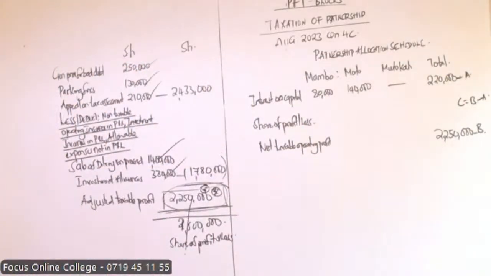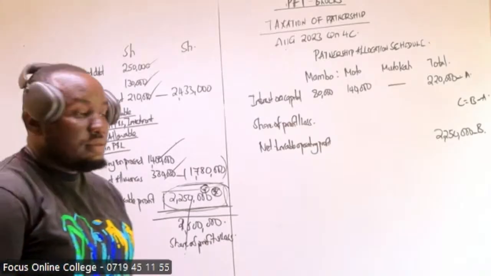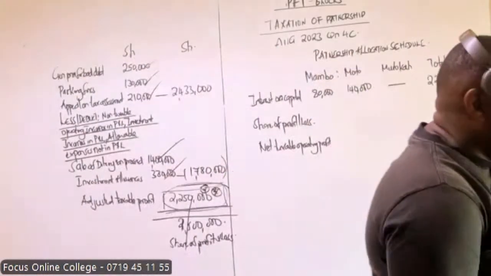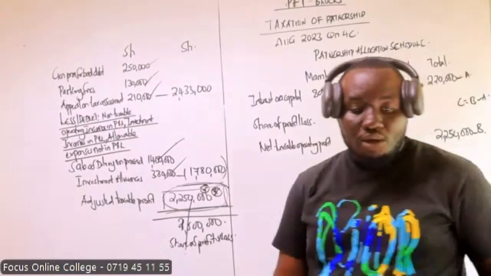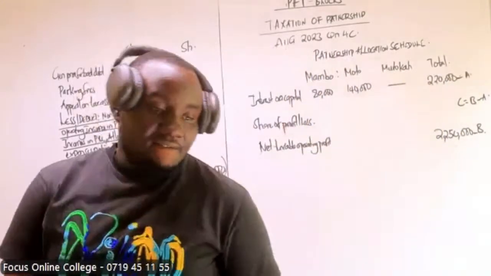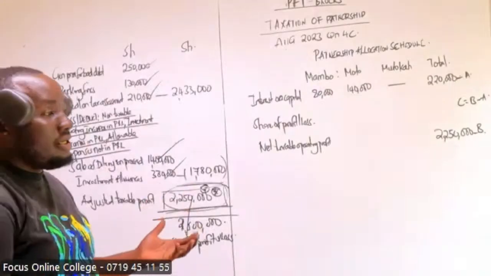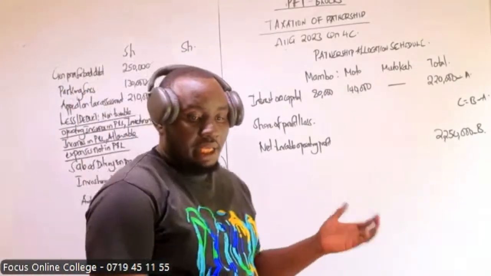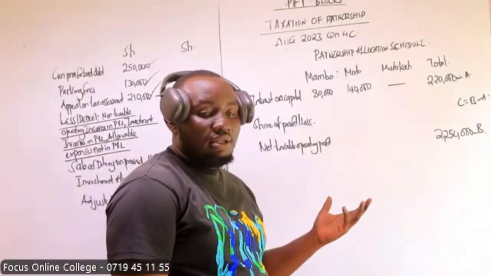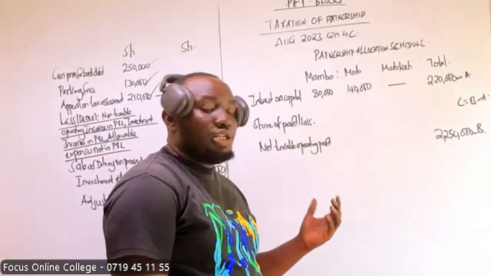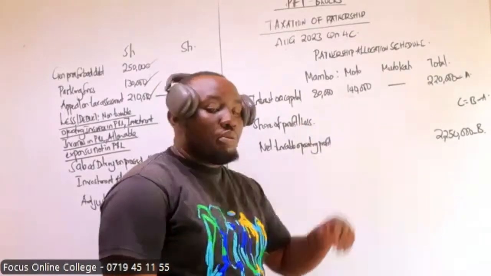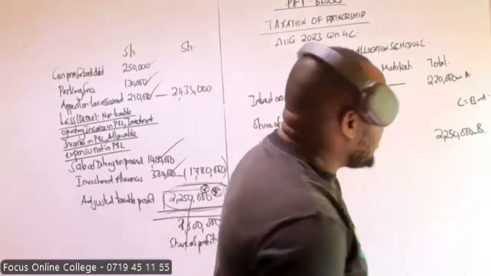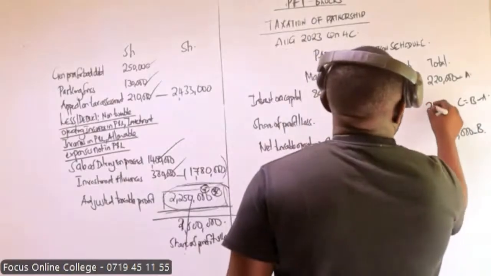B minus A. What do you have for B minus A? Get from me B minus A, which is the profit or loss share. In this case, it's going to be profit because this is more than the summation of A.